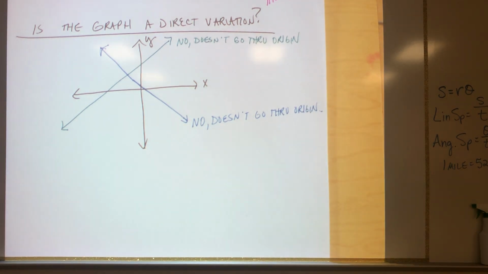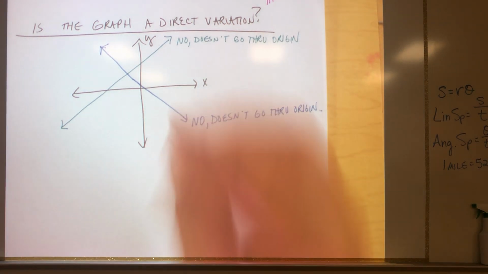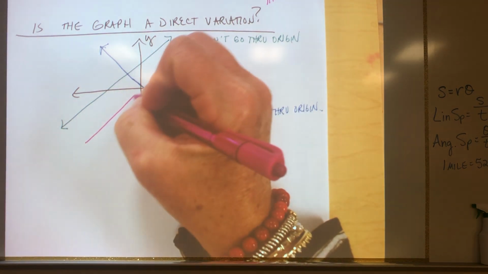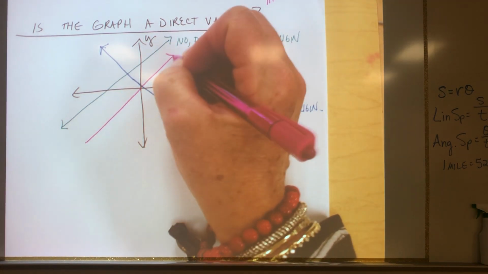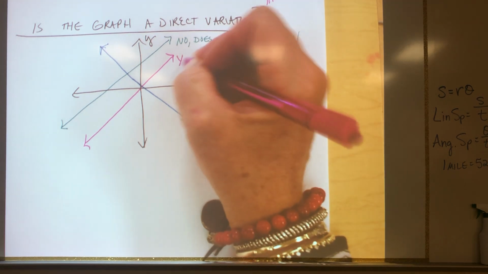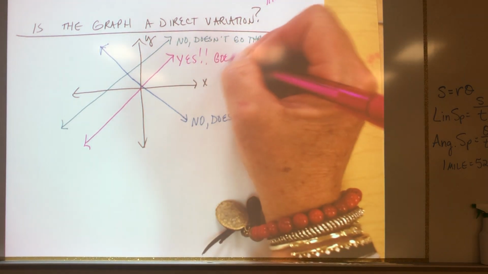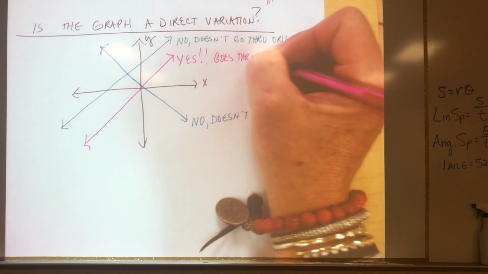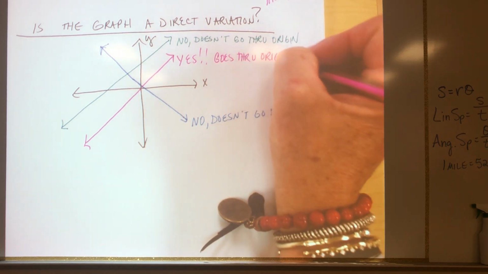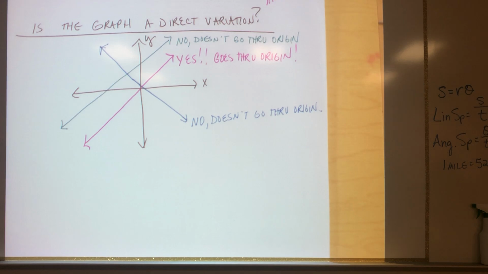Okay? What about this guy right here? Yes. Why? Origin. He goes through the origin. Okay? He goes through the origin. Now, people, was that hard?